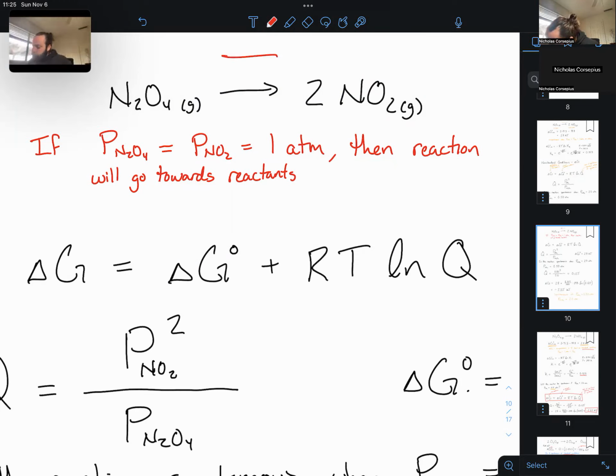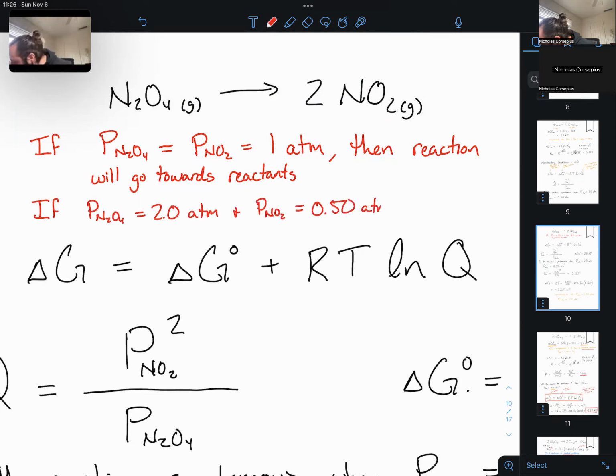But if the pressure of the N2O4 is 2 atm, and the pressure of the NO2 is 0.5 atm, then the reaction will go towards the products.